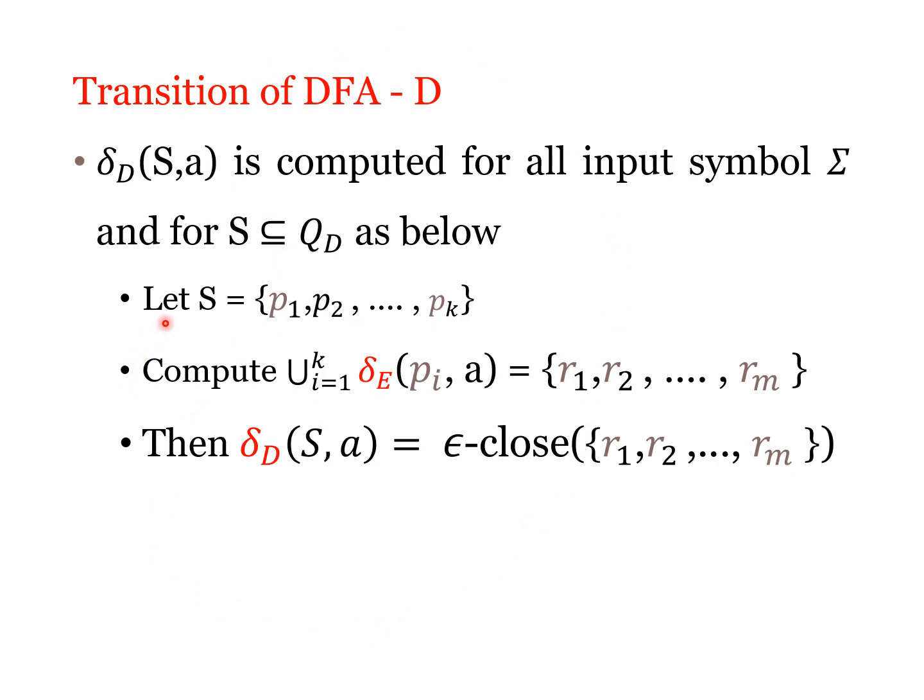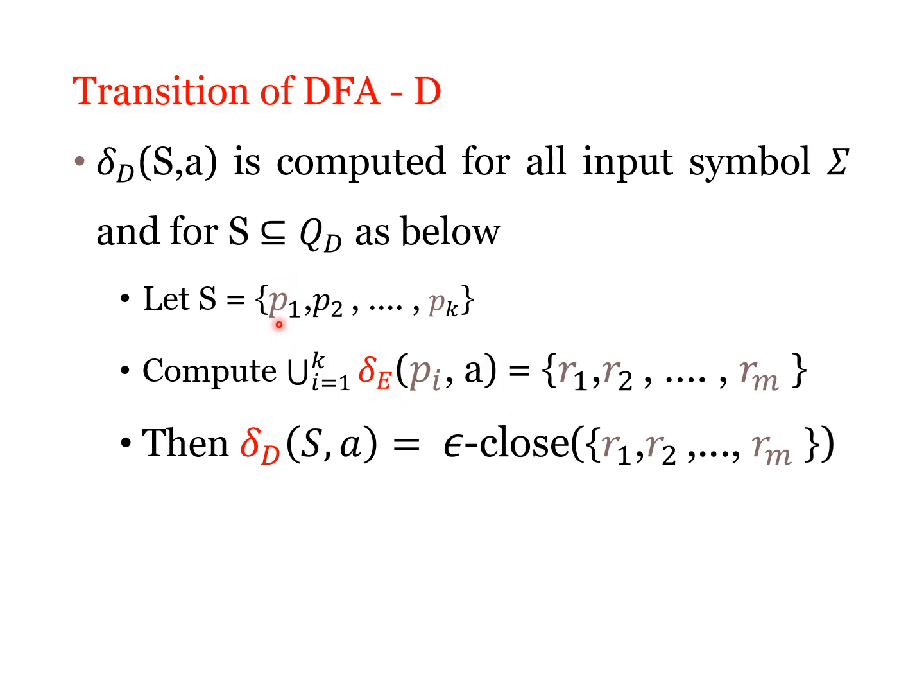Let us assume a set S, which is a state in the DFA, and the state consists of the states P1, P2, up to Pk of your NFA. These are all states present in the epsilon NFA. Then you want to compute the transitions over the symbol A from each state, using the transitions present in the epsilon NFA.